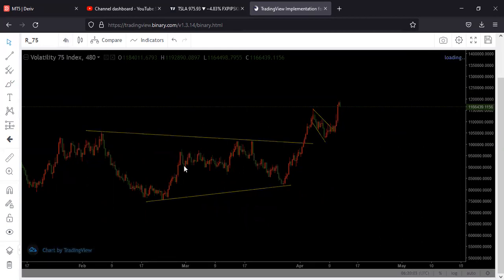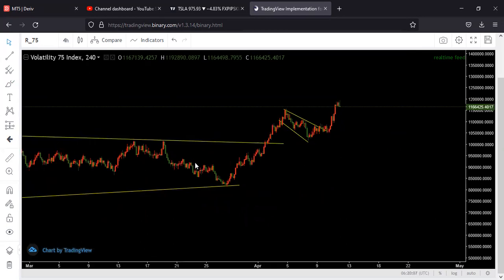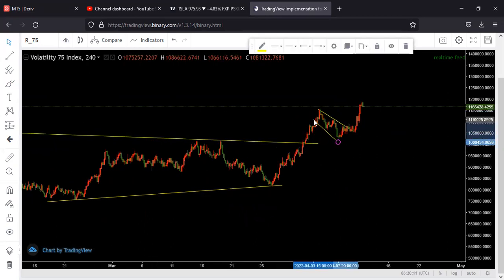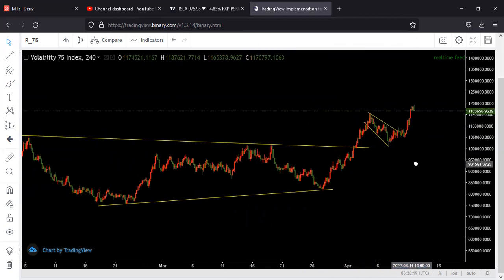We're going to H4. Just make sure you keep it simple and clear, guys. Tweak your trend lines there. Tweak it like this, you see.